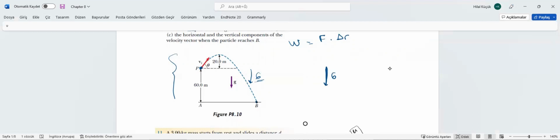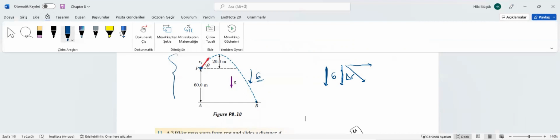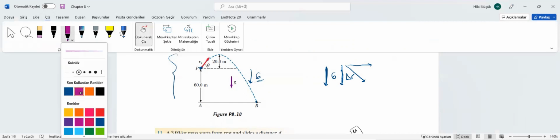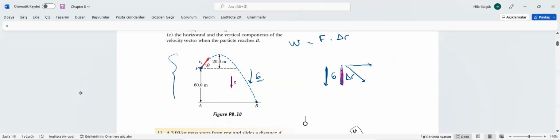So should I take delta R like that, or should I care about this one? Which one should I care about? I have to care about the y component because my force is in the y direction.